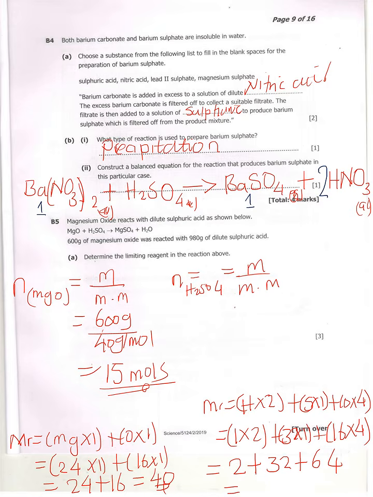So my final answer here is 98 grams per mole, since it's molar mass. So let's proceed now. The mass for sulfuric acid is 980. So 980 grams over 98 grams per mole. If we cancel the grams and divide 980 by 98, we are getting 10.